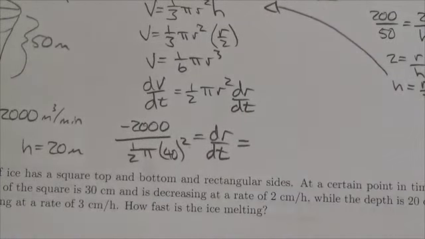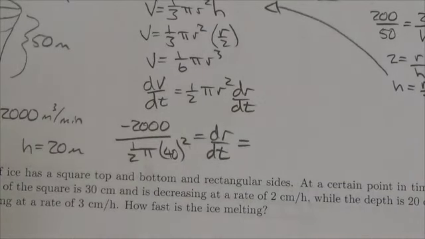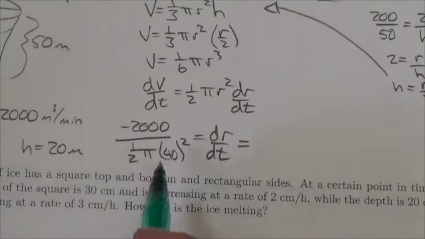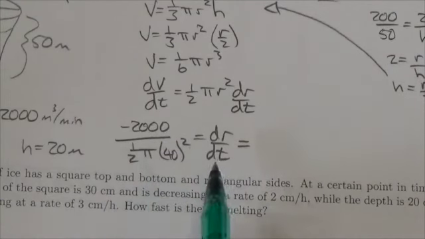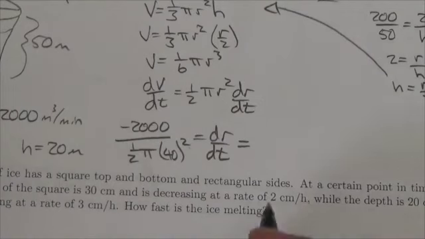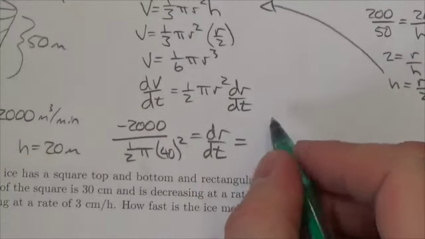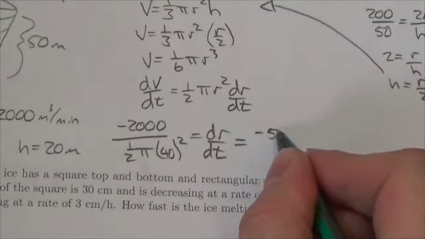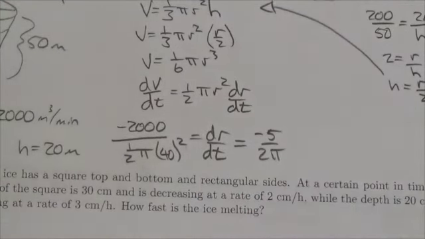That's going to become 4,000 over 40 squared. I just don't want to screw this up. When you simplify that, it ends up being negative 5 over 2 pi.